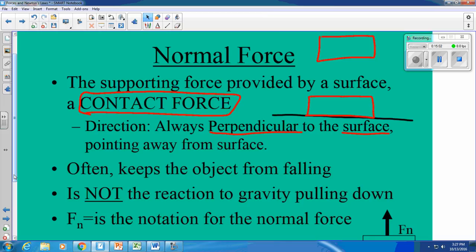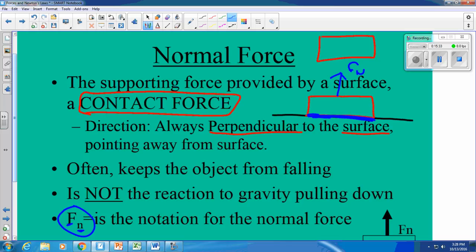So in this picture, here is my contact, therefore it is perpendicular to the surface. Once again, the length of the arrow tells you its size, and the direction tells you where it's going. It is perpendicular to my contact surface, and it's denoted as F of n, meaning the normal force. Okay?